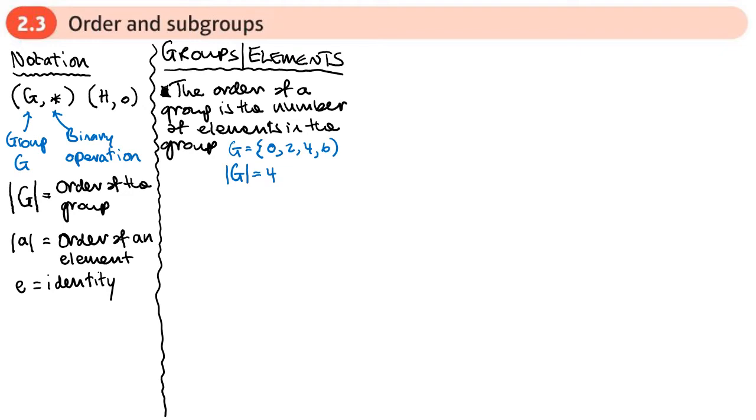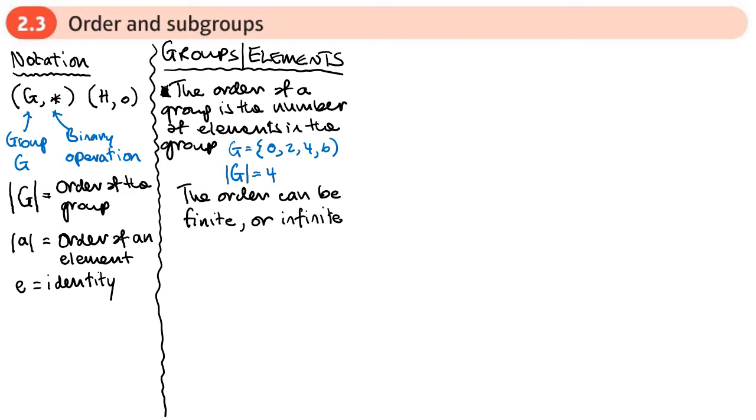Now, that means that the order of a group can be finite or infinite. Okay, so the order can be finite, just like the example we've given above, because there's a finite number of elements in a group, or infinite.